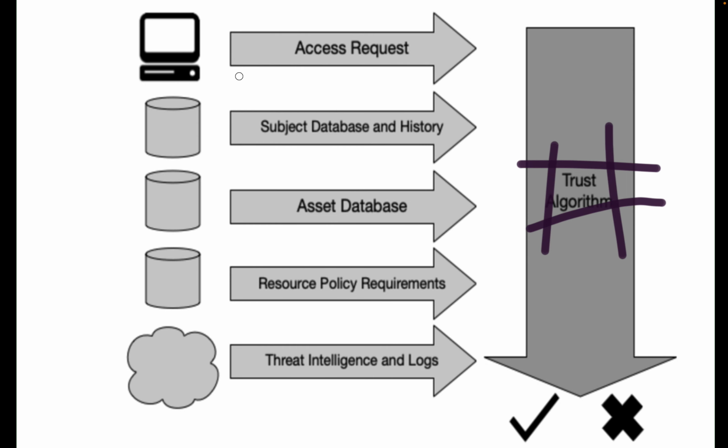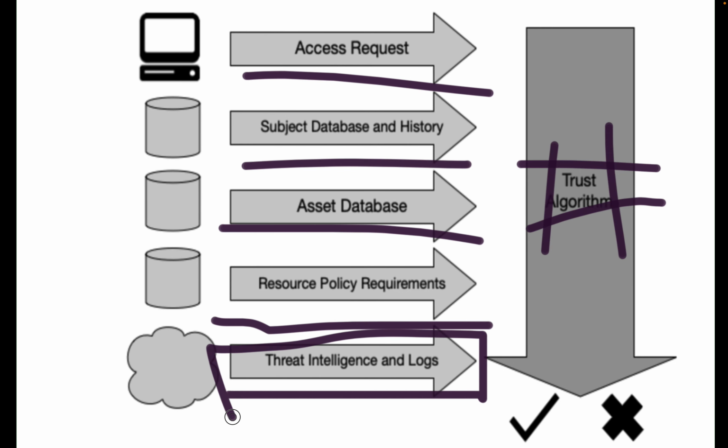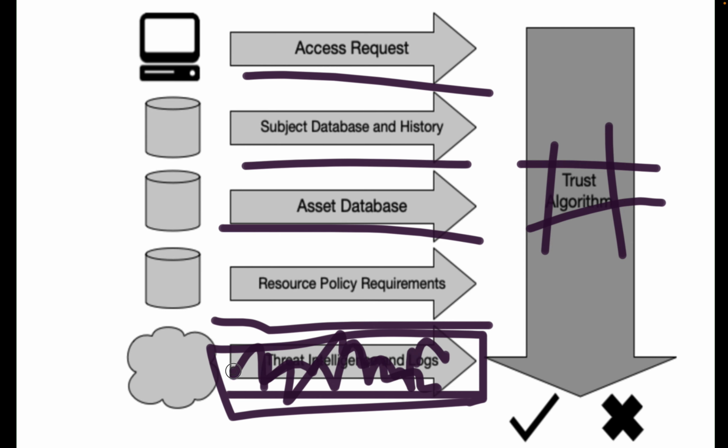So these are the things that are going to make up your trust algorithm, and they're pretty much all going to be covered in this user authentication. Now, when the user authenticates, they don't typically interact with the threat intelligence and the logs, but you know what? We'll get to that later. Don't worry about this right now, because it's just going to complicate things.